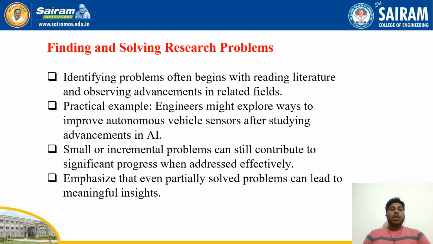While some problems may seem small, addressing them effectively can lead to significant progress. For example, optimizing an algorithm for faster computation may seem minor but could have widespread application. Researchers should also recognize that even partially solving a problem can yield valuable results and insights.